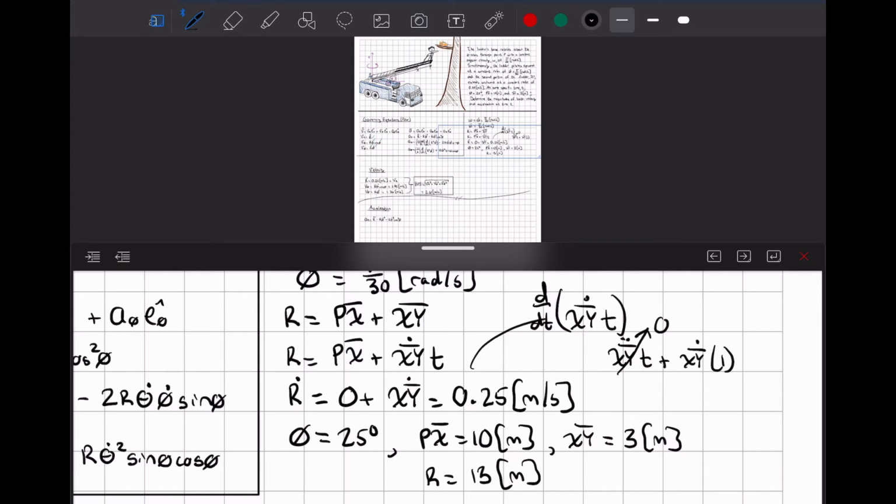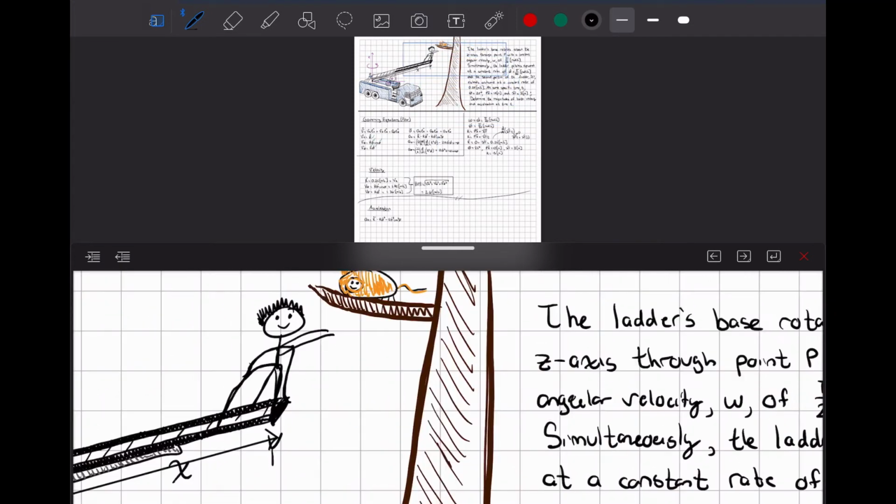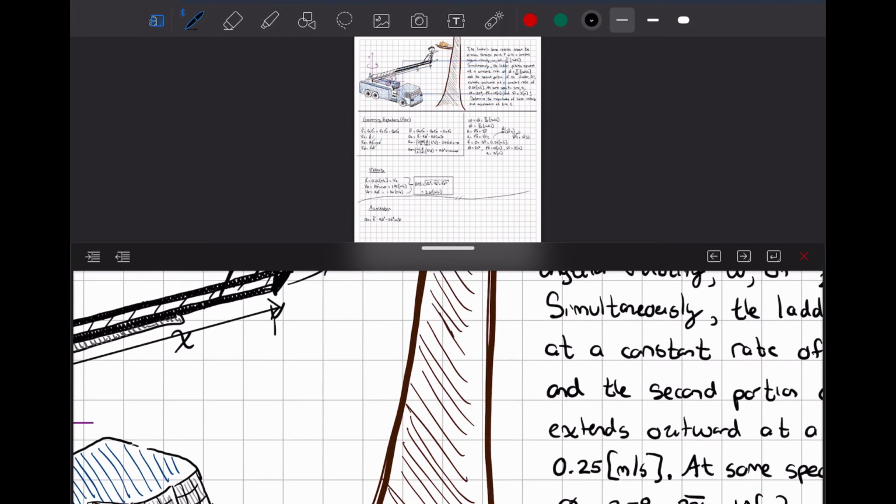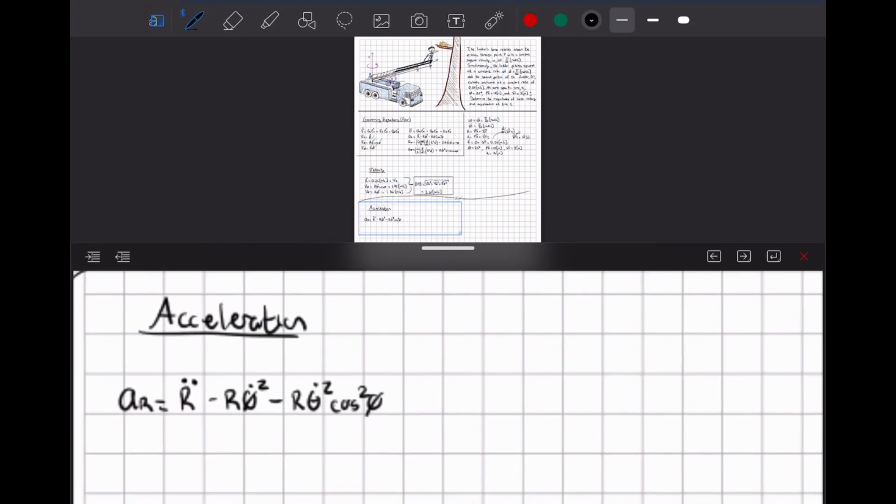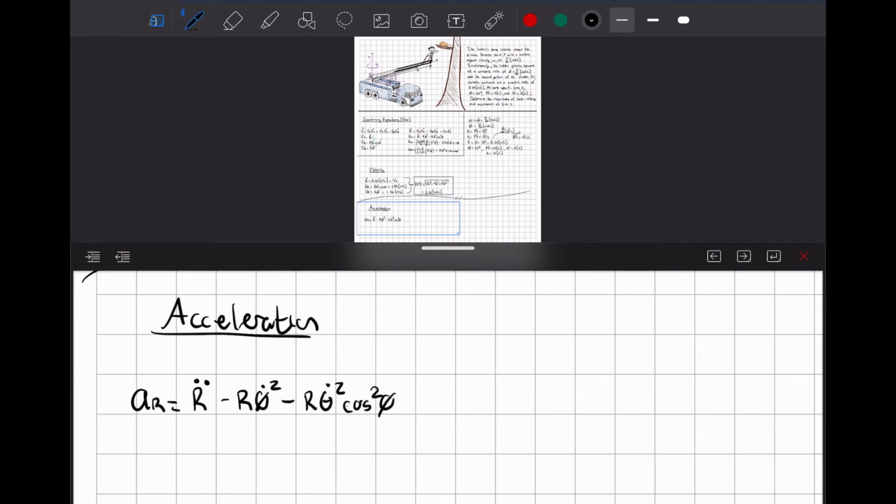The portion that our little guy is standing on to save the cat from the tree, the rate at which that is extending outwards is constant. So if we took another time derivative, it would just come out to be 0. The acceleration of xy is 0. So therefore, we know r double dot is 0, right?